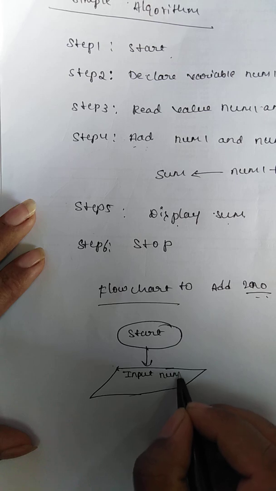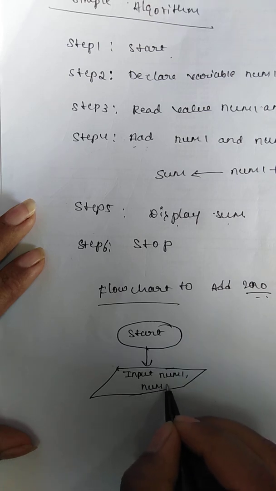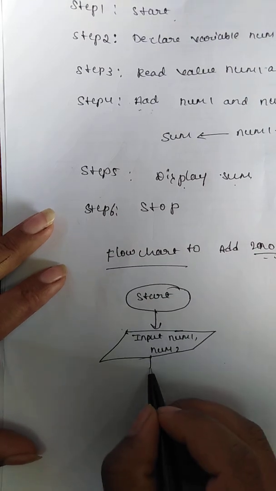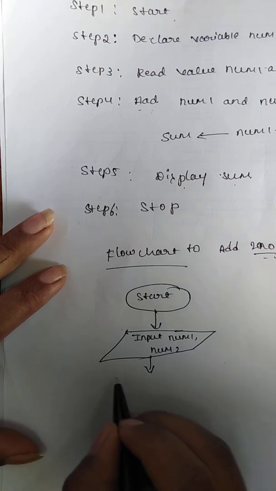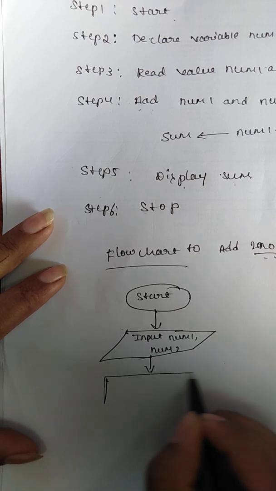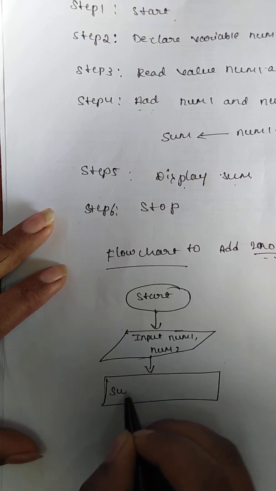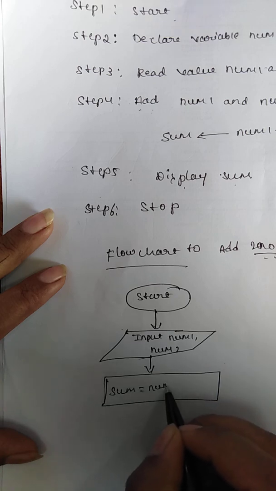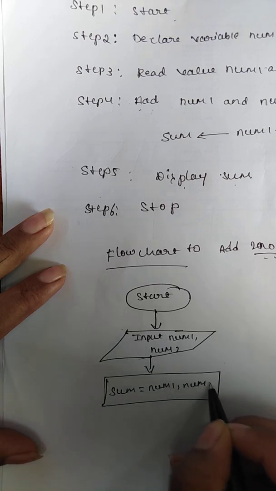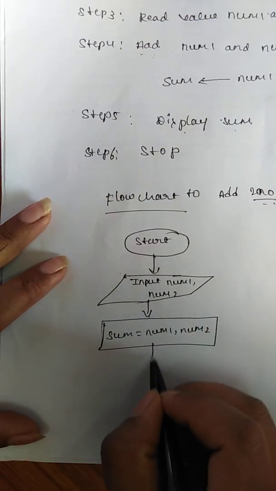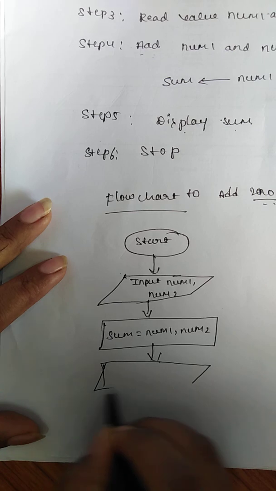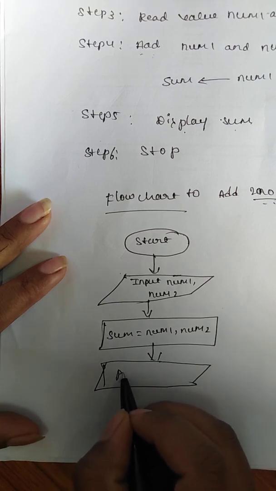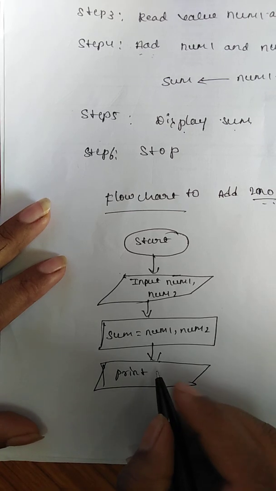Input num1, num2. Next we read the values, or declare the value. How? Sum equals num1 plus num2. Then we print the value. Print sum.